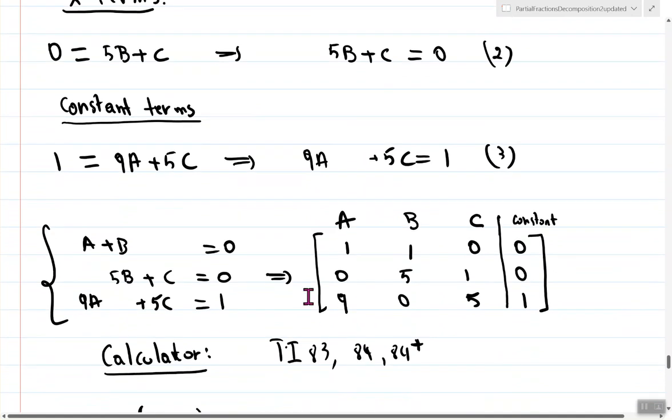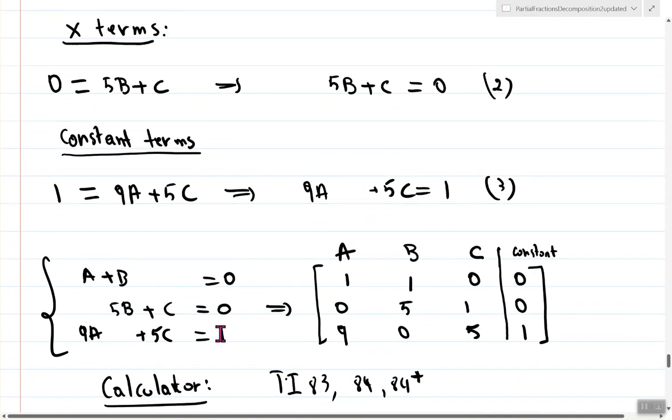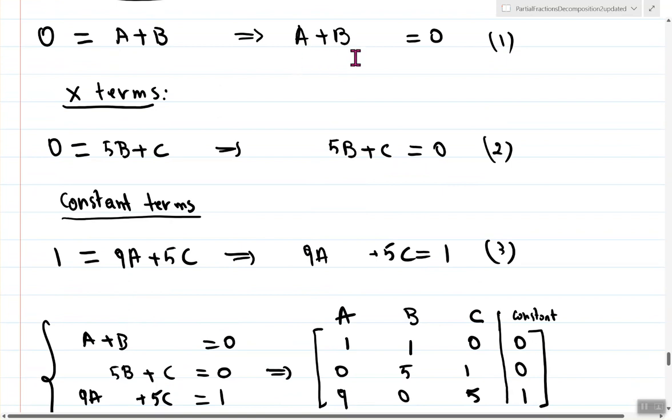So we want to use the matrix method to find a, b, c. So we will write equation 1: a plus b equals 0. So we write it here. Equation 2 is 5b plus c equals 0, which is that. Equation 3 is 9a plus 5c equals 1, which is this one.